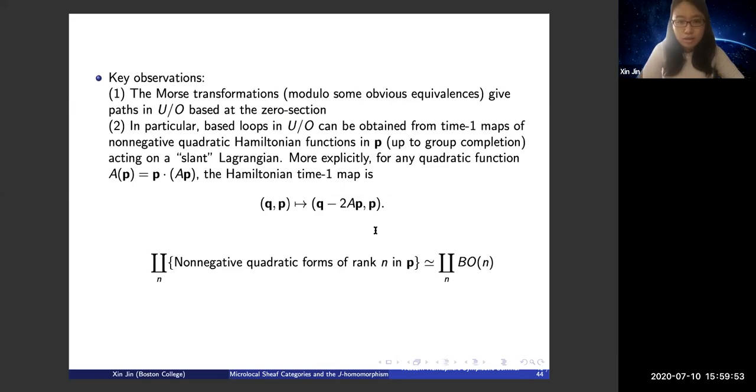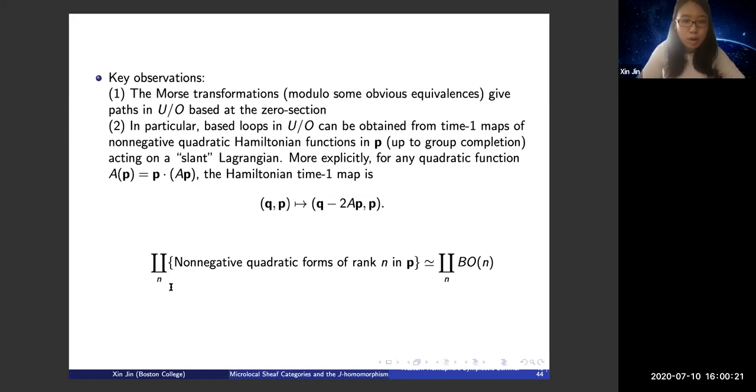Then this is a more detailed formula for this. For non-negative quadratic Hamiltonian functions, essentially what you need to know is just its support. So it's a vector space of dimension n with some eigenvalues attached to it.